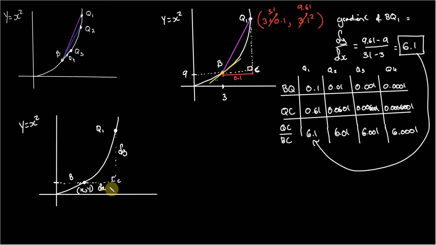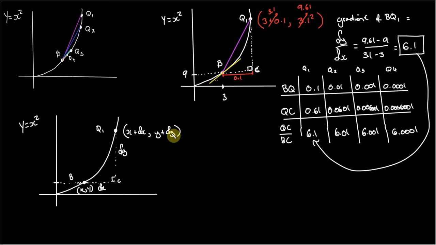From that point we can then start working on what the coordinates of q sub 1 are. If BC is delta x, we're going to follow the same logic as in the past video in finding the coordinates of q sub 1, except it's a generalized result. So the x coordinate of q is going to be x plus delta x, and the y value is going to be y plus delta y.